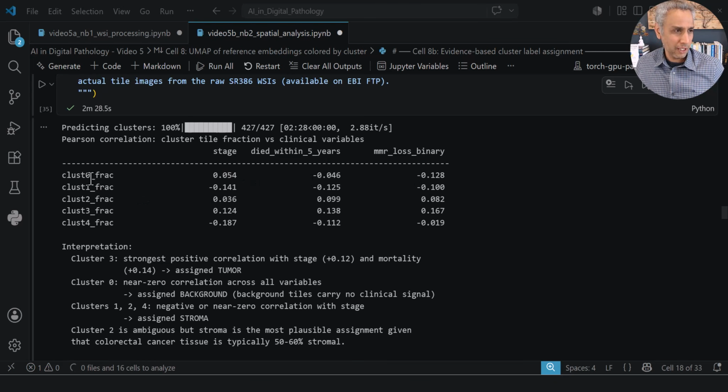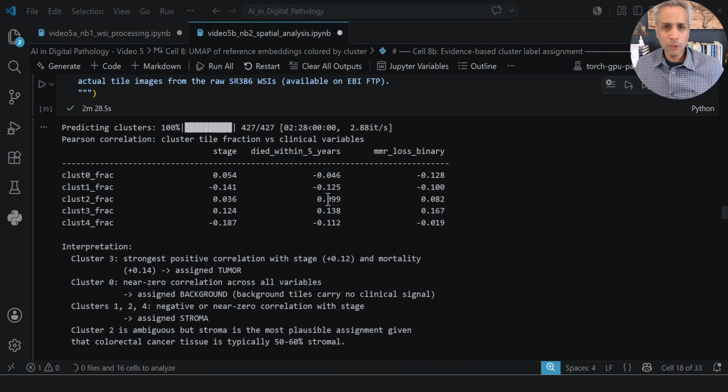Yeah, cluster 0 seems to be the background here, because almost zero is what we expect from background tiles, which carry no clinical information. So this is our background cluster. Now look at cluster 1, cluster 2, and cluster 4. They show negative or near zero correlation with the stage and also the mortality, actually.